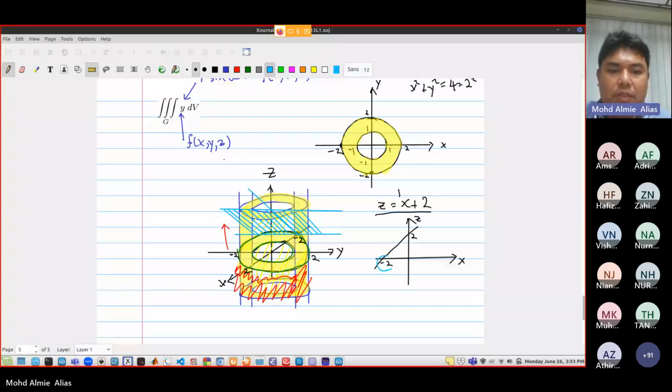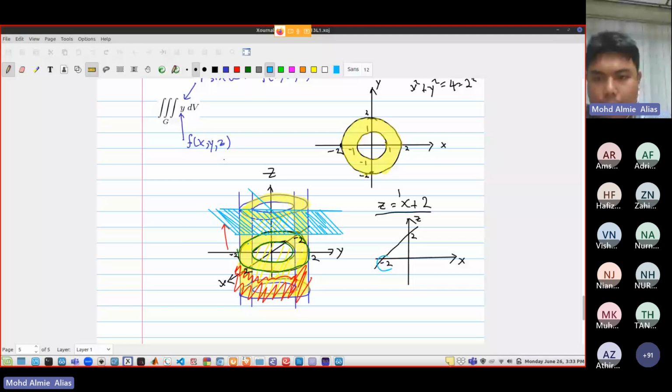Okay, we have something like this. Of course, we can continue this, because y doesn't affect the plane.